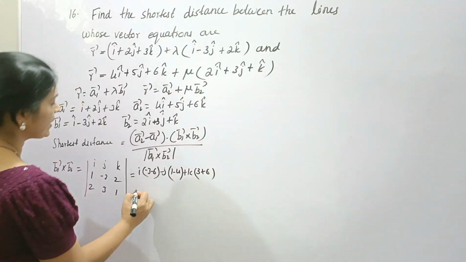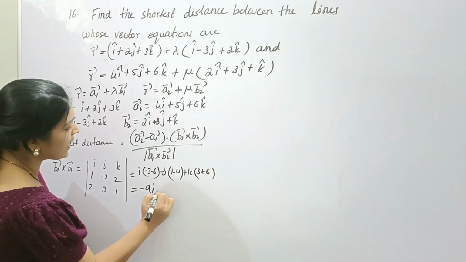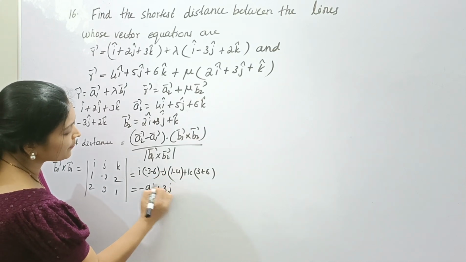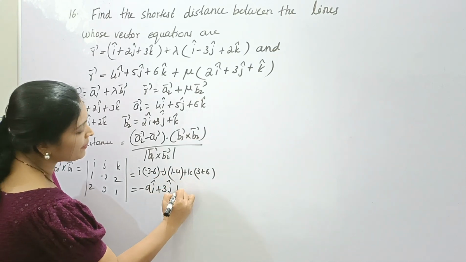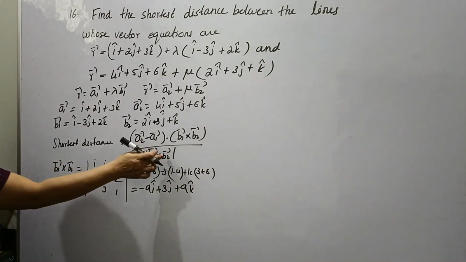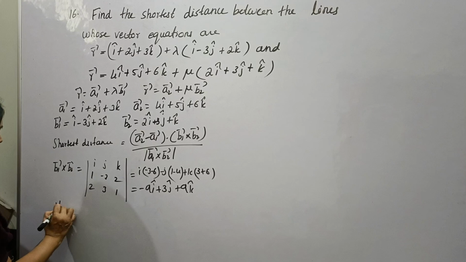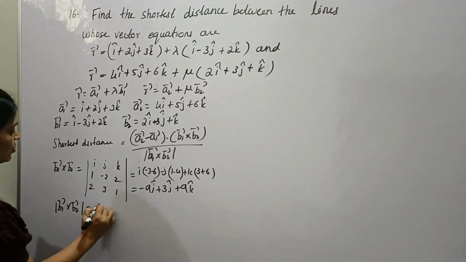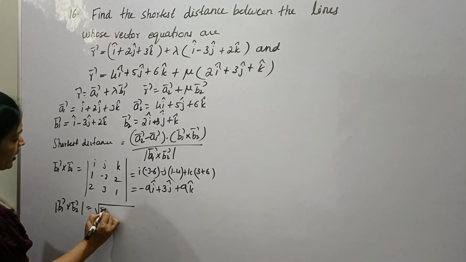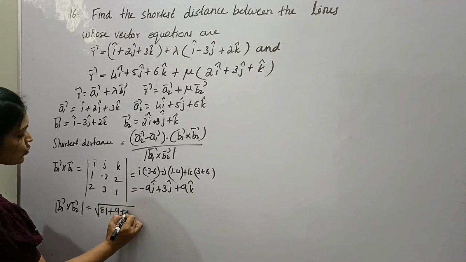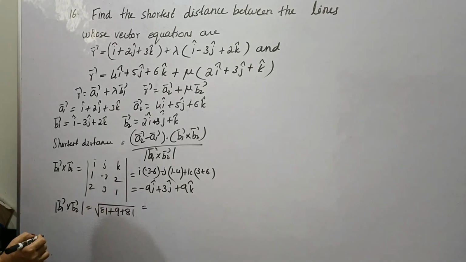That is equal to minus 9i plus 3j plus 9k. Next we will find the modulus of vector b1 cross vector b2, which is equal to square root of minus 9 square 81, plus 3 square 9, plus 9 square 81.